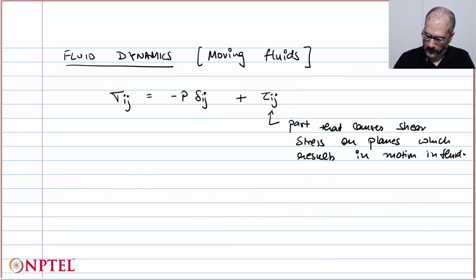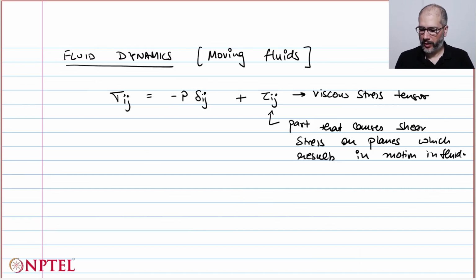And this tau is called the viscous stress tensor. I mean, it's a part of sigma, so it's a part of the stress tensor, but it's a viscous stress tensor because it will have the effect of the fluid viscosity contained in it, as we'll see soon.